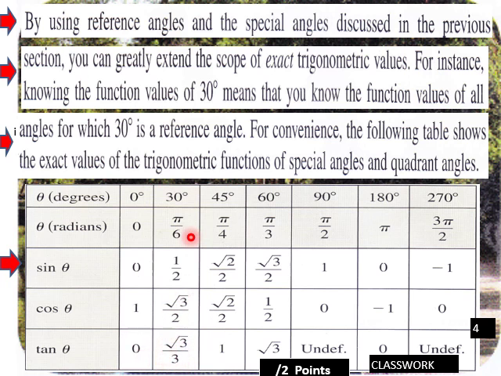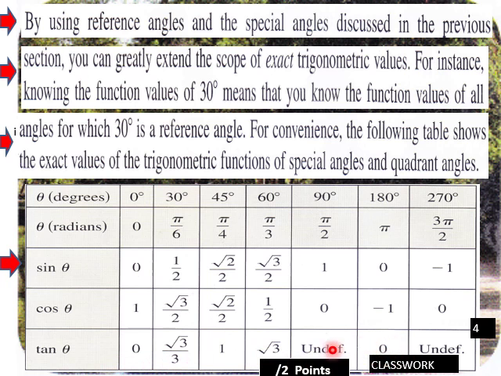Then 45 is pi over 4, 60 is pi over 3, 90 is pi over 2, 180 is pi, and 3 pi over 2 is 270. You should know that. And then 2 pi will be 360, right? And then these are your function values for sine, cosine, and tan.